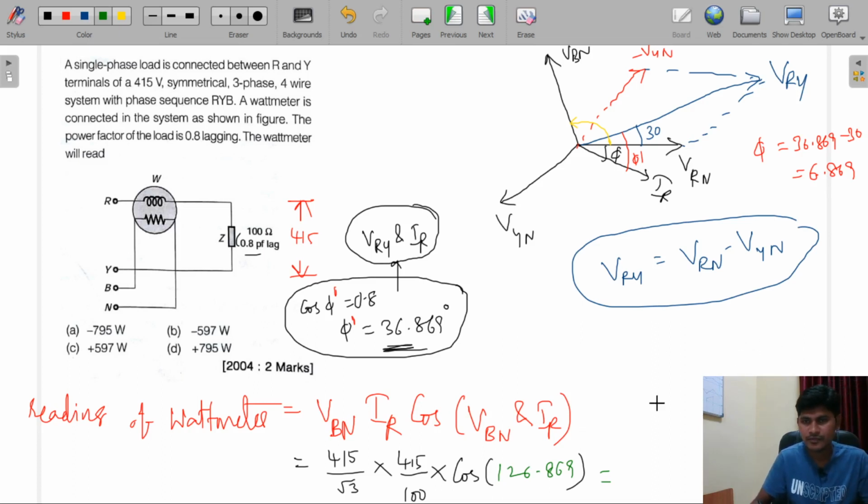You're going to get minus 596.59, nearly equal to minus 597. So option B is the right answer.